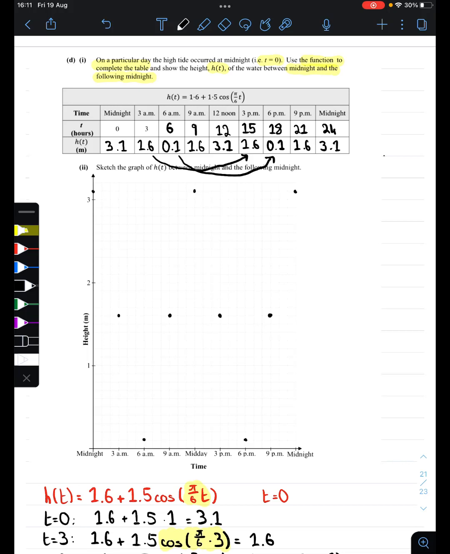So then if we connect these like a sine function, so something like, not like that. So something like this.